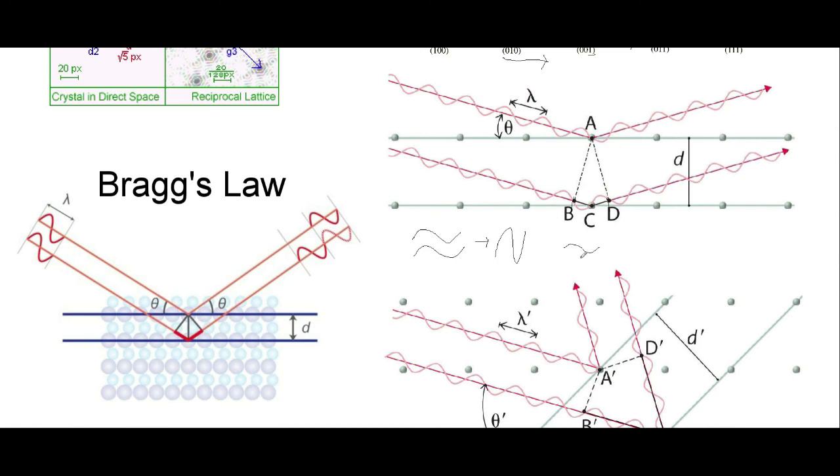If they're out of phase, then they will destructively interfere and we get nothing. And so as this angle here, which would be the same as this angle, changes, going this way or this way, the path length difference between these two beams is going to change, and we're going to change the relative phases of them, and that will cause constructive or destructive interference.